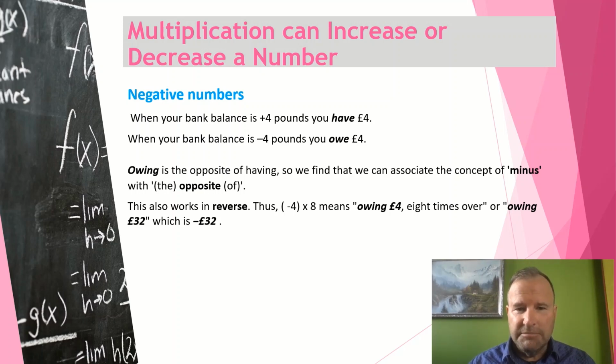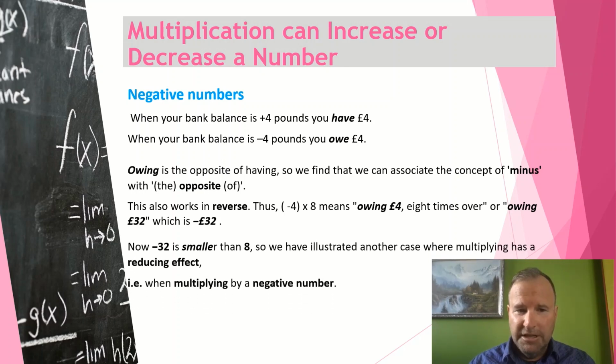Minus 4 times 8 means owing £4 eight times over, or owing £32, which is minus £32. Now, minus 32 is smaller than 8, obviously, because negative numbers move to the left of 0. In this illustrative case, it's a reducing effect. So when multiplying by a negative number, we get a reducing effect.